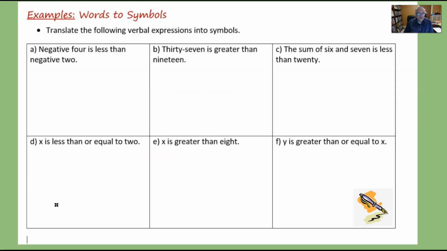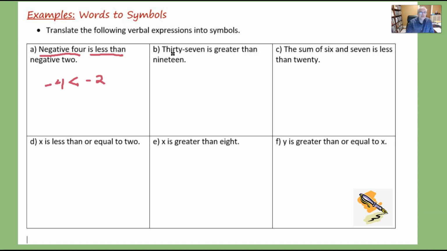Okay. Well, we're going to translate these verbal expressions into symbols. We're going to write the math equivalent of these. So this first one says negative 4 is less than, okay, so that's this symbol, negative 2. Okay, and that's true. Negative 4 is more negative than negative 2. It is less than negative 2.